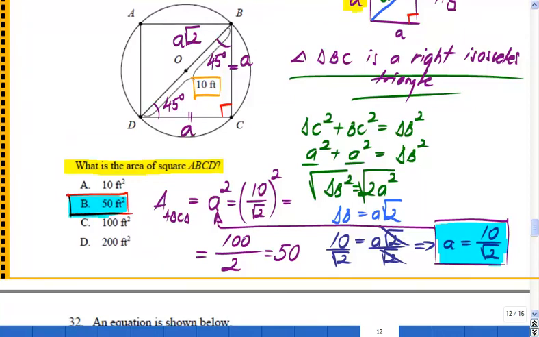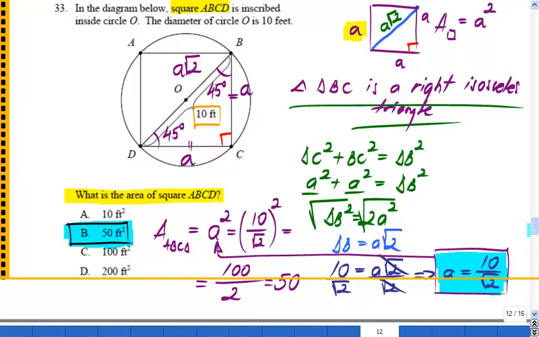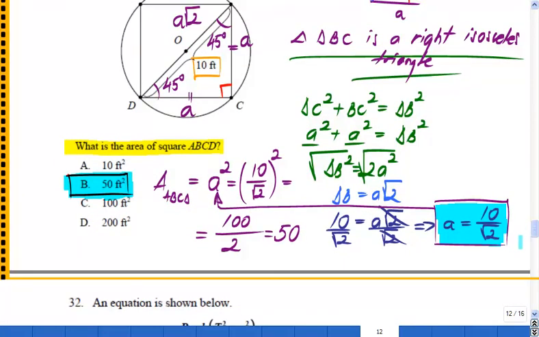The answer to this problem will be B. Make sure you're filling in that bubble for problem number 33, and then you are moving on.